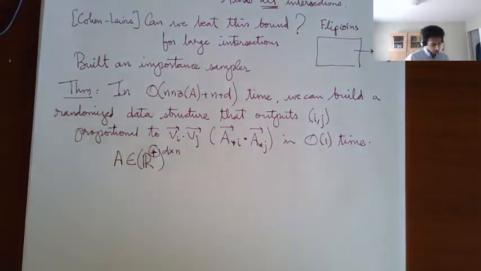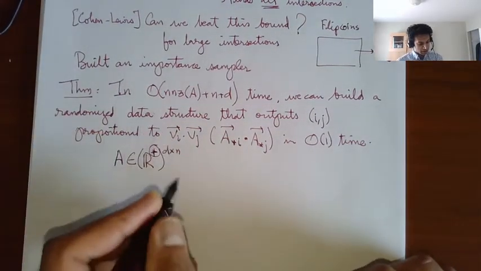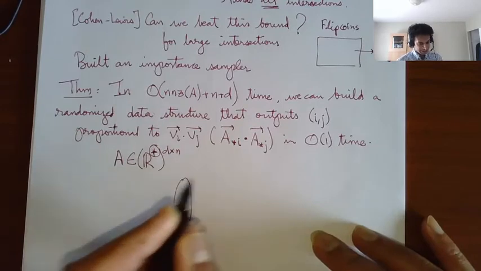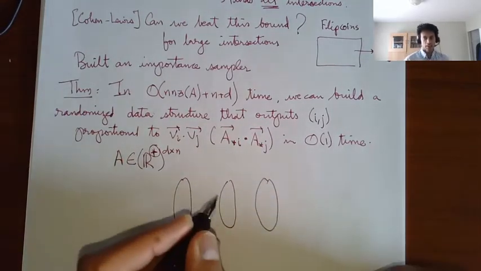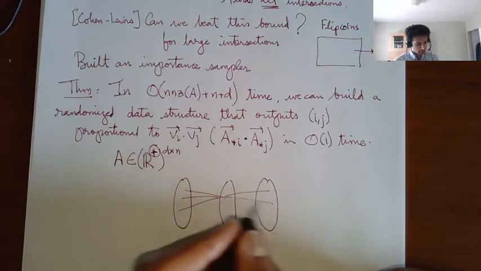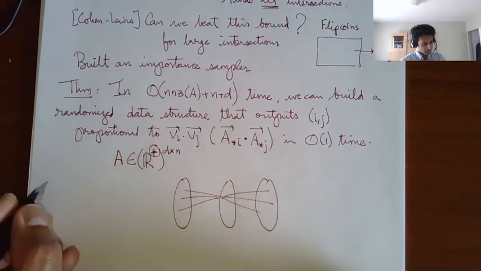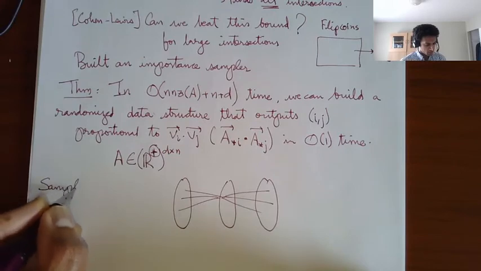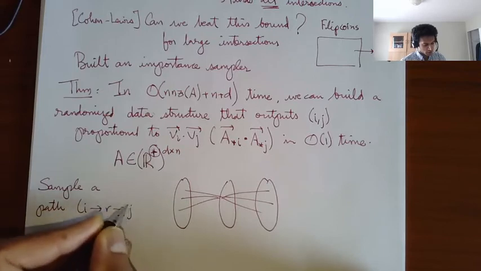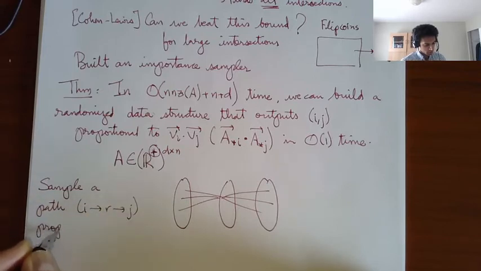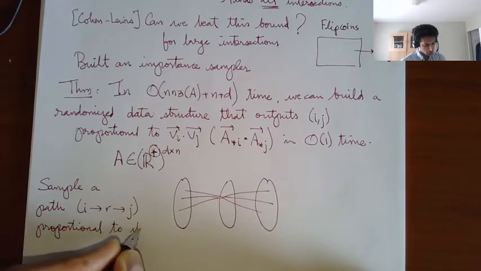Essentially, the data structure that is built is exactly the tripartite graph that we described, and the idea is simply to sample a path i going to r going to j proportional to its weight.